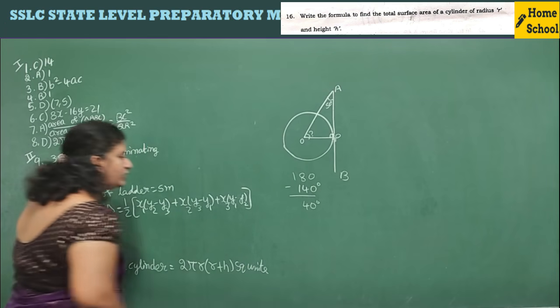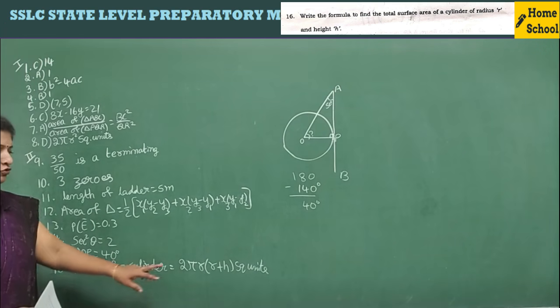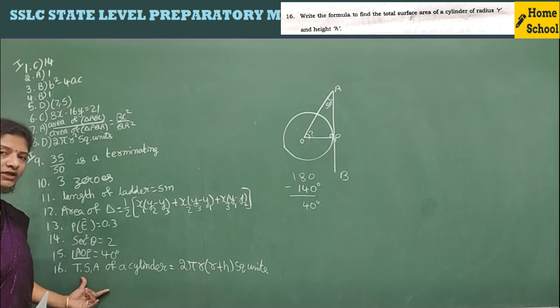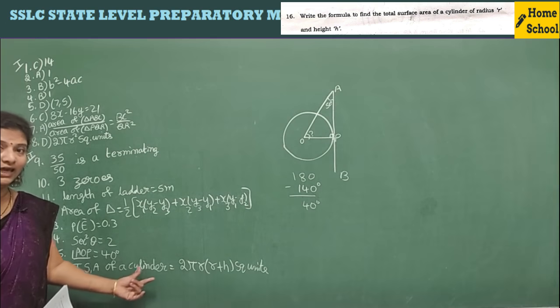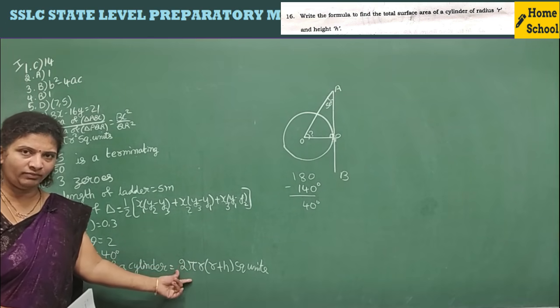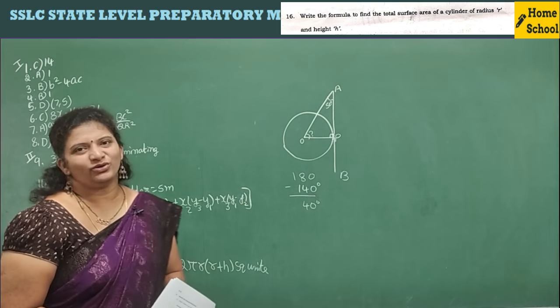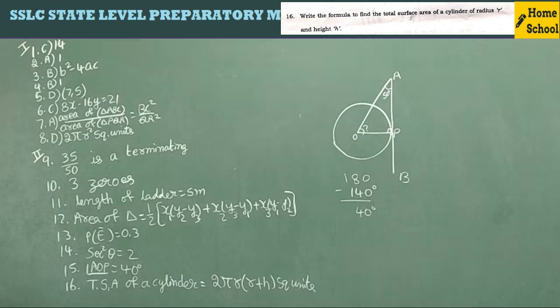Children, most of you will make a minor mistake: you forget writing the LHS side. Please write total surface area of a cylinder equal to, write the formula along with the units. Okay, with this we are going to complete our second main.